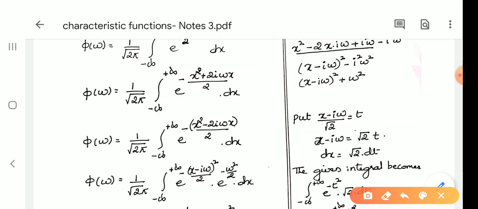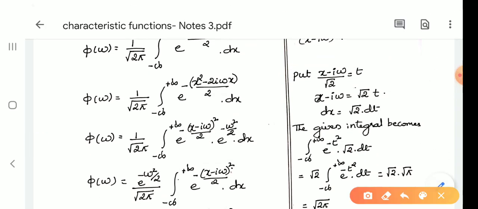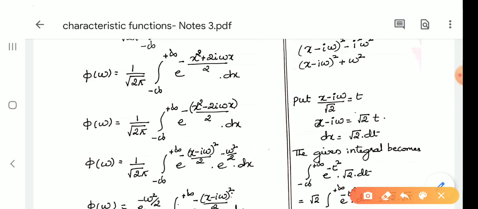Now, after completing the squares, whatever we have got, we will replace it in the exponential here, and after replacing and simplifying we get phi of omega is equal to 1 by square root of 2 pi into integral minus infinity to plus infinity e power minus of x minus i omega whole square plus omega square divided by 2.